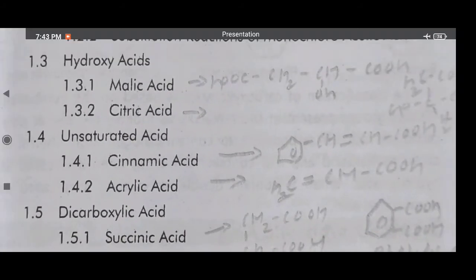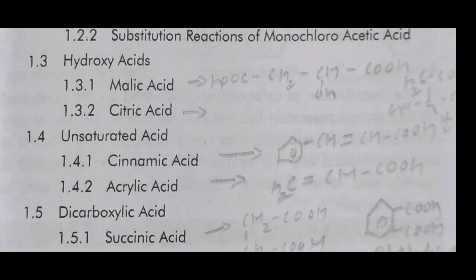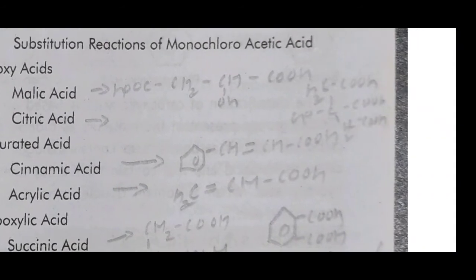I am showing the structure of citric acid: CH2COOH. The CH2COOH group is attached to C(OH)COOH, and the third carbon atom is CH2COOH. Citric acid contains three COOH groups in its structure, therefore it is also an example of a tricarboxylic acid, and at the third carbon atom an OH group is present.